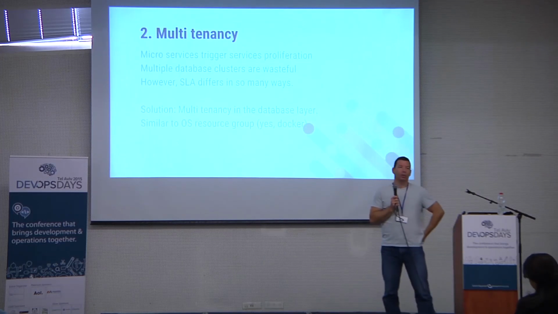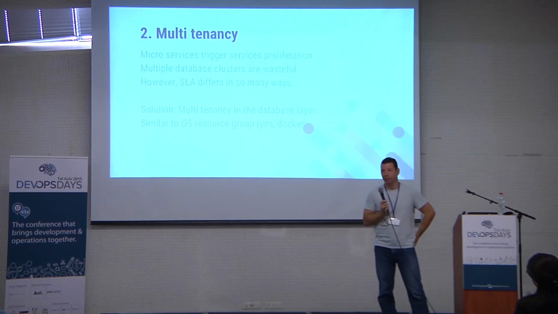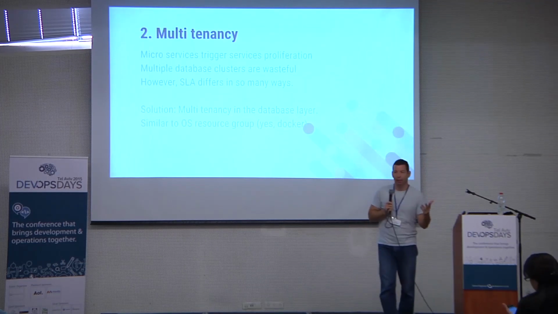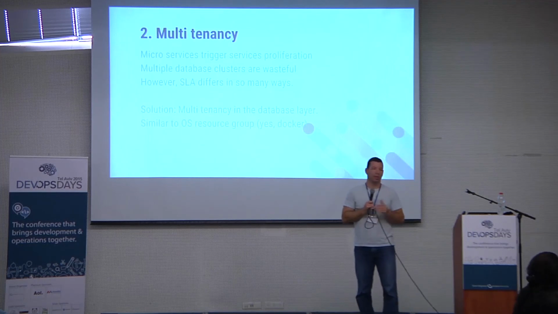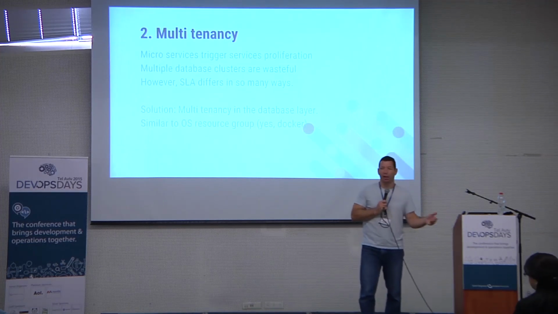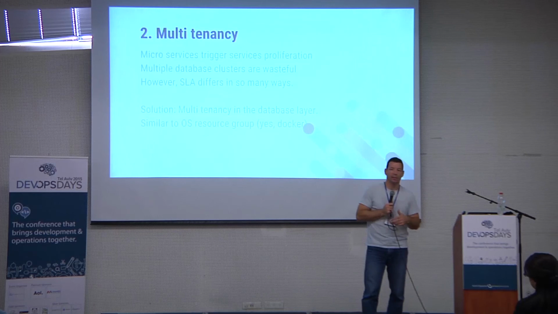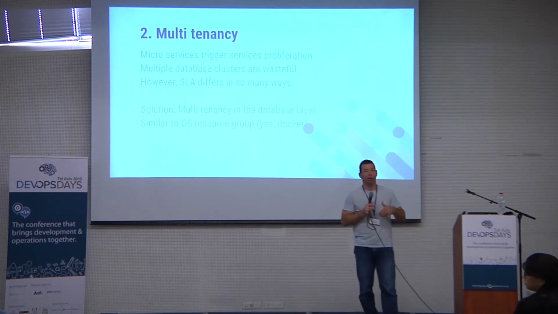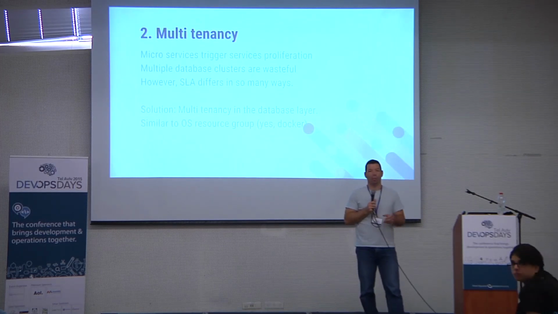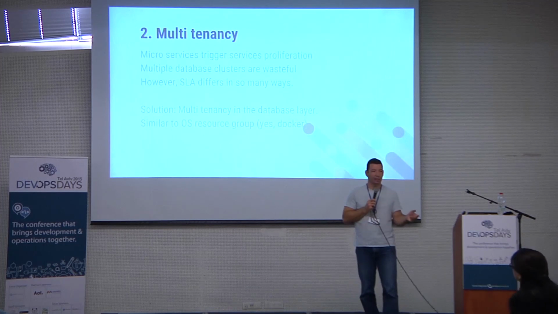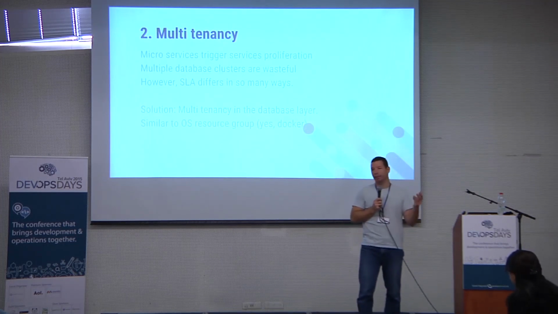Number two, which really is a holy grail, is multi-tenancy at the database level. Things like microservices push us to create more and more services, and these services need a database. So you find yourself running more and more databases, more and more clusters, and each of the clusters needs its own high availability and multi-zoning, et cetera.